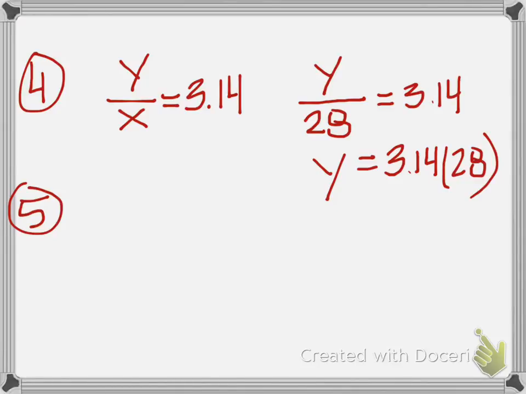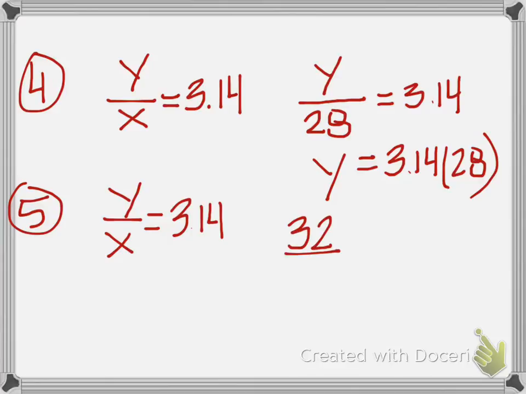Same thinking with problem number 5. You've got your y over x is equal to 3.14. It says on number 5, you want the diameter, the top of a can, that has a circumference of 32. Now you want to find the diameter. That equals 3.14.